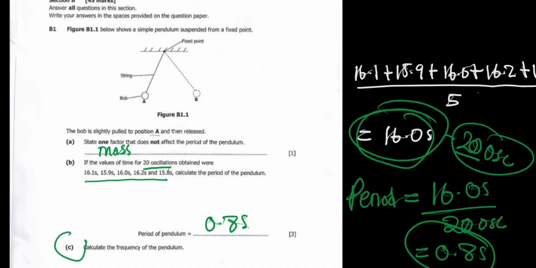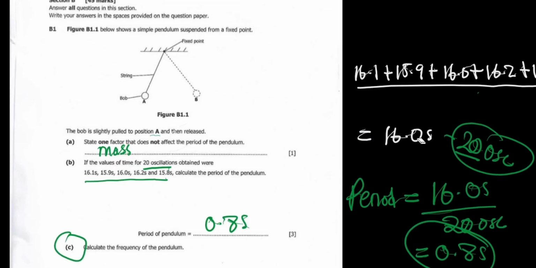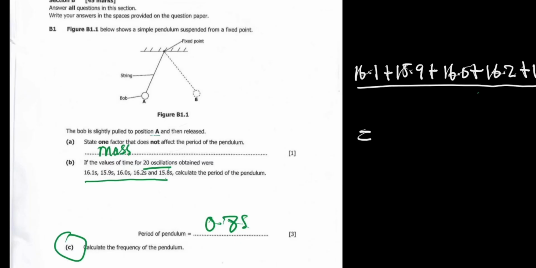Now, the last question is actually calculate the frequency of the pendulum. So how do you go about calculating the frequency of the pendulum? Now, frequency is simply the number of oscillations made in 1 second, but typically we use this formula to calculate the frequency.